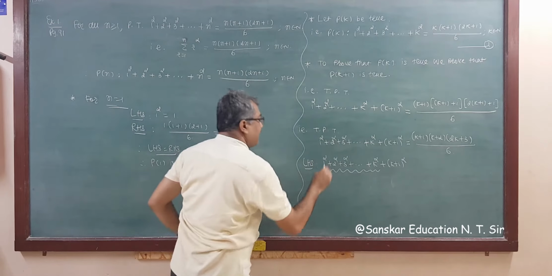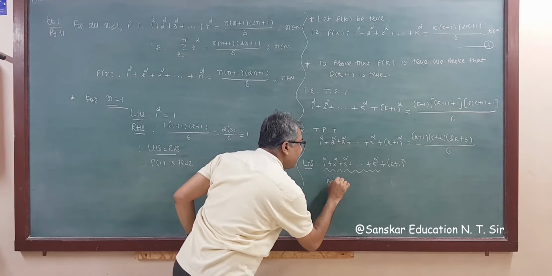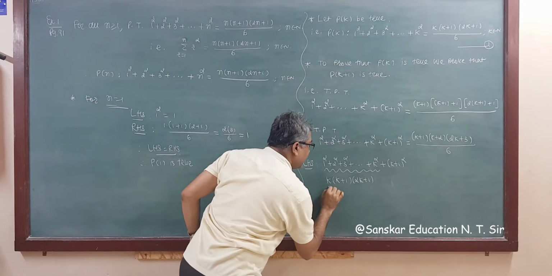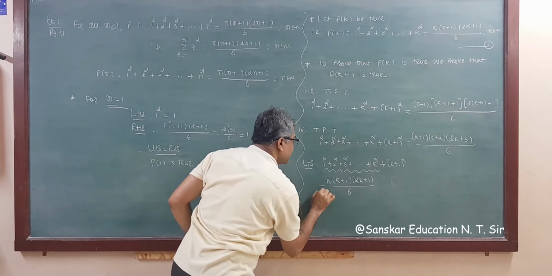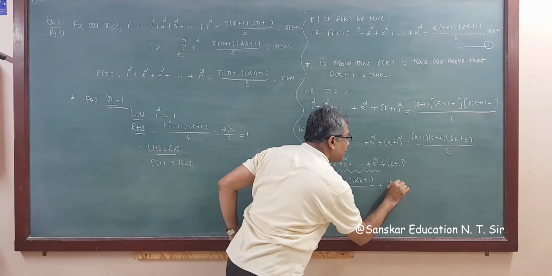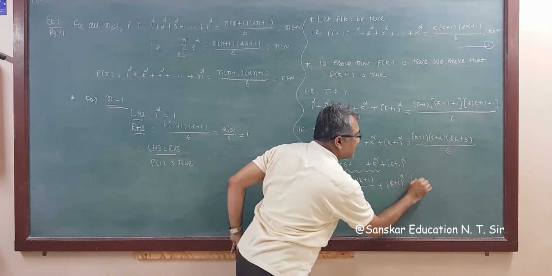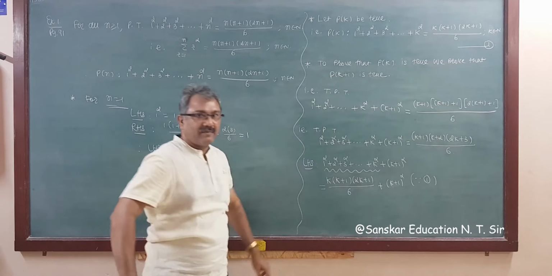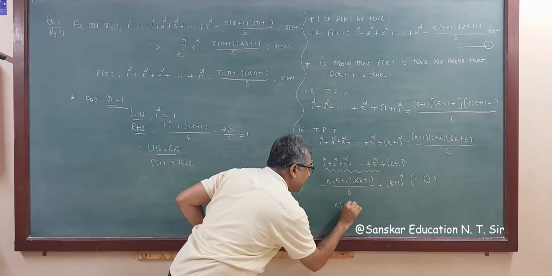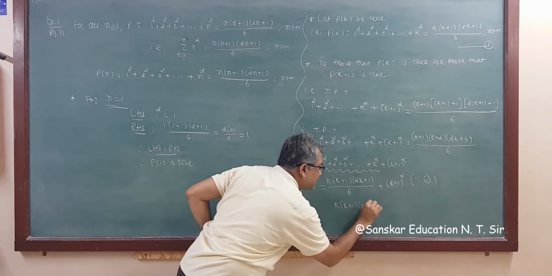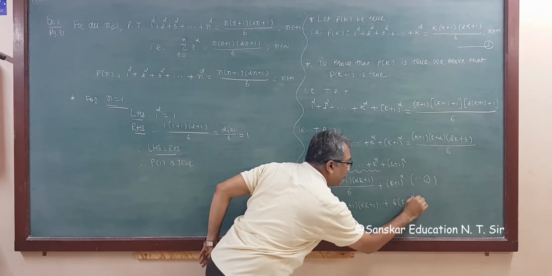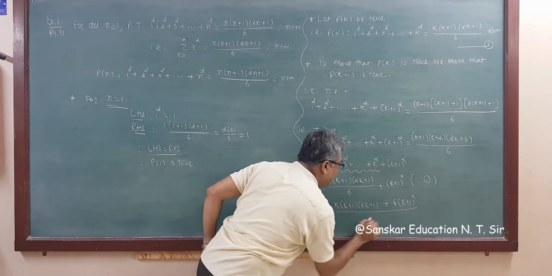So substituting that value, what is your answer? k times (k plus 1) times (2k plus 1) divided by 6. This is your answer, and this is again (k plus 1) whole square. So (k plus 1) whole square as it is, this is by reason number 1. Right? Now taking LCM, this is (k plus 1) times (k times (2k plus 1) plus 6 times (k plus 1)) whole upon 6.